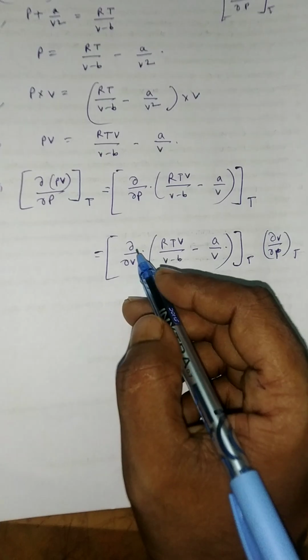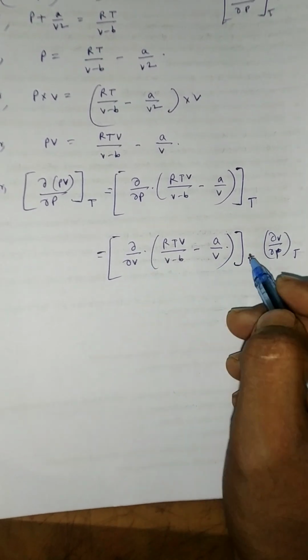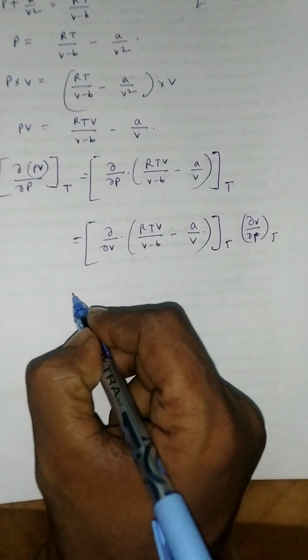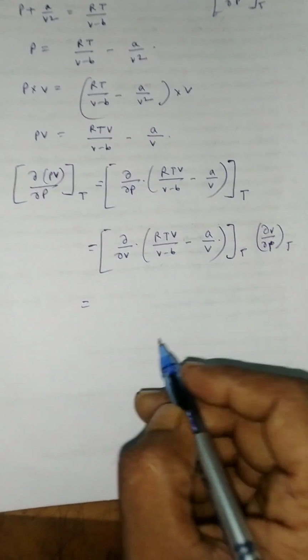So if we differentiate with respect to V, we have to write here del V by del P at constant T.